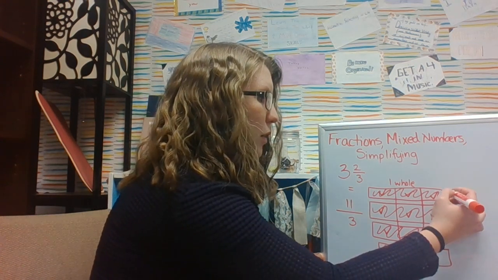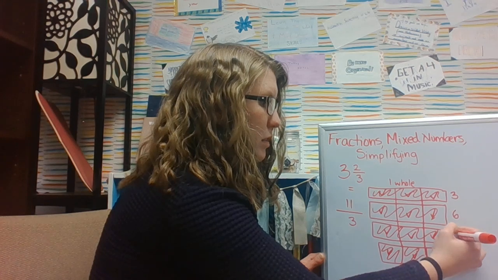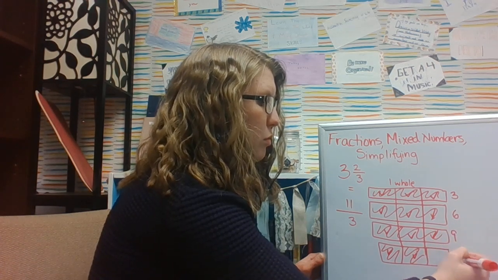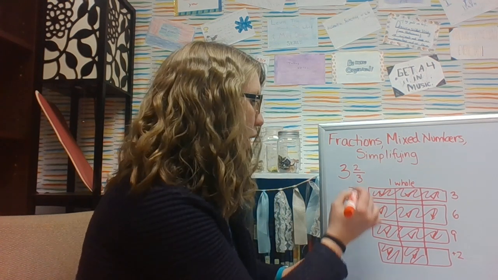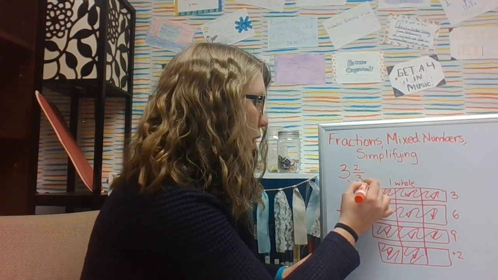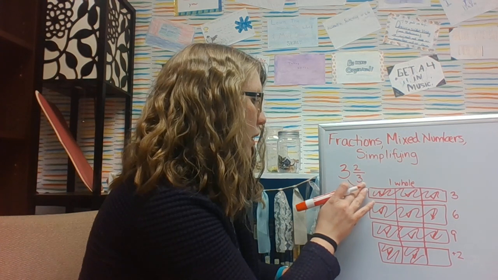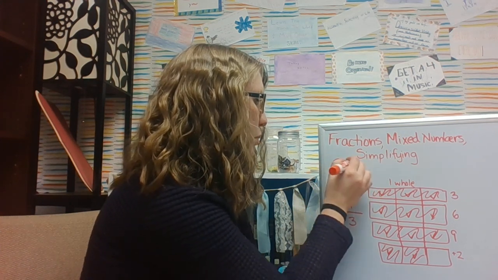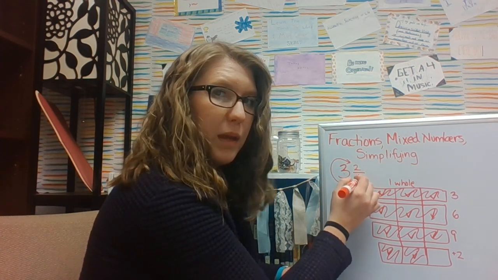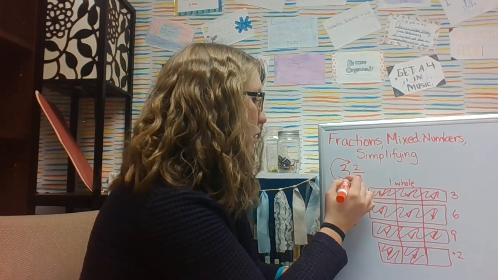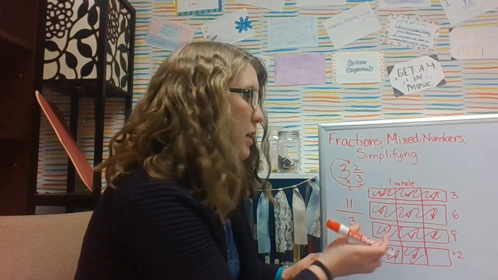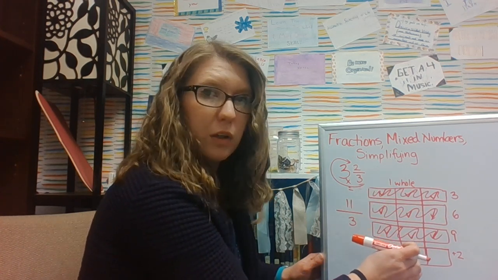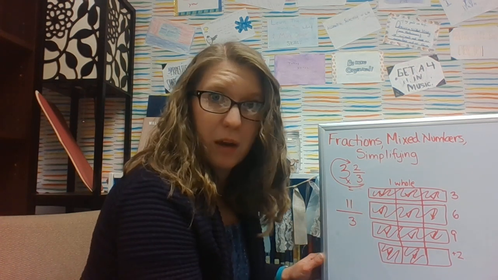So I could count, this is 3, this is 6, this is 9, plus 2 more equals 11, which is why that trick of multiplying the denominator times the large whole number makes sense, because I'm just counting in those groups a little bit faster. I'm just trying to speed up the process.